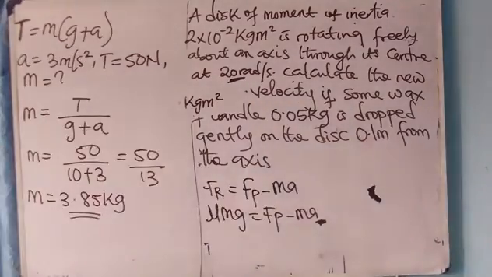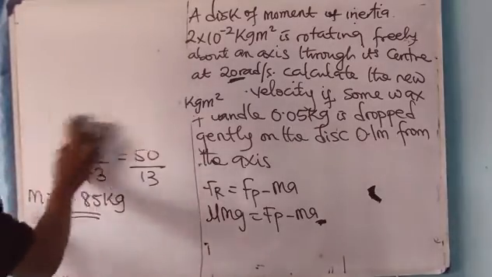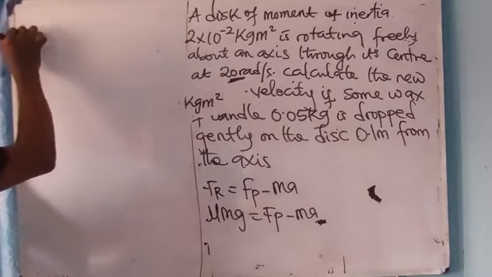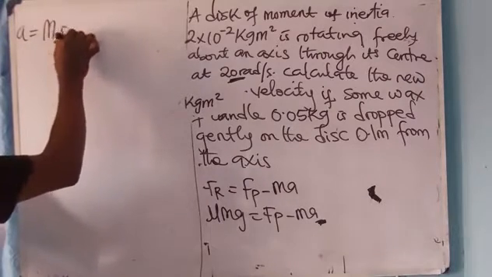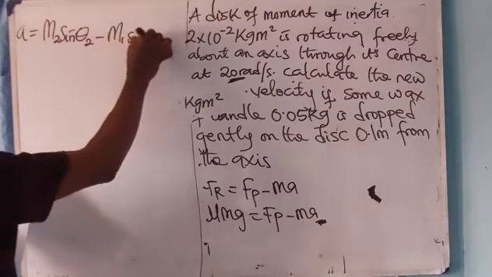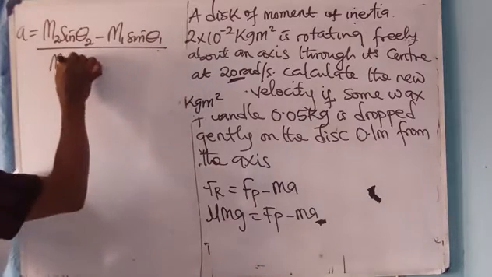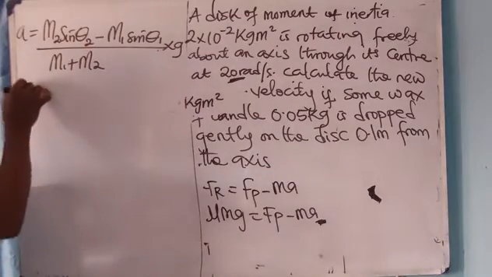So I told you when two masses are inclined, the acceleration is m2 sine theta 2 minus m1 sine theta 1 over m1 plus m2, then times what? G. I told us before.